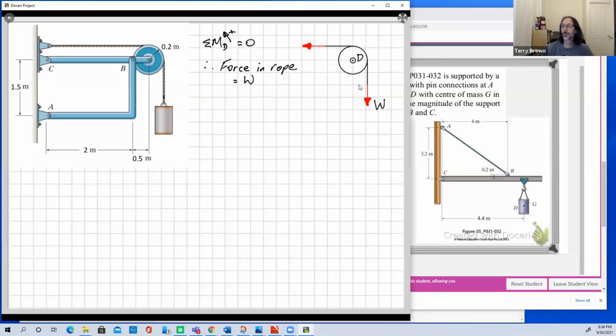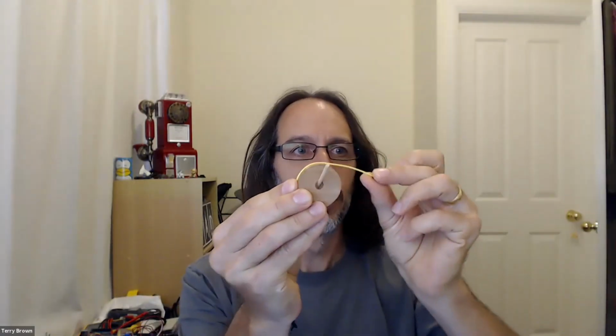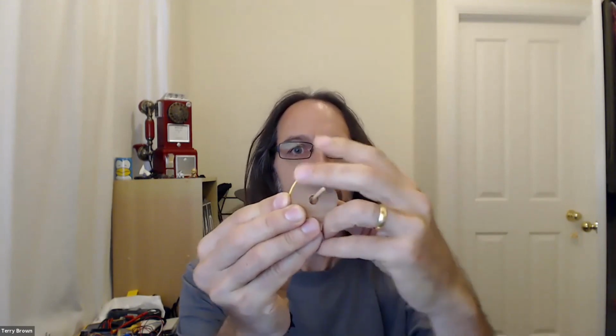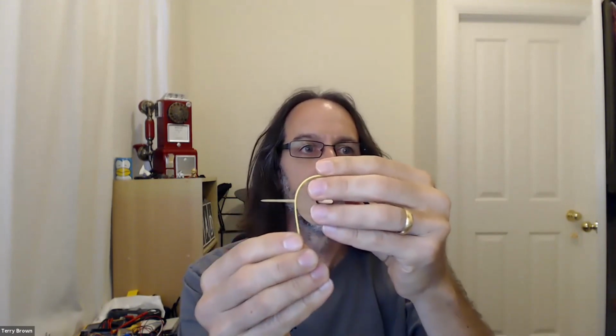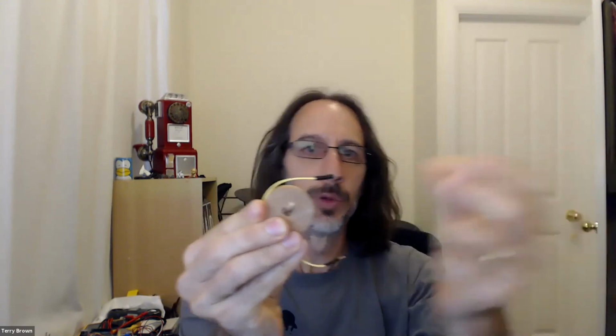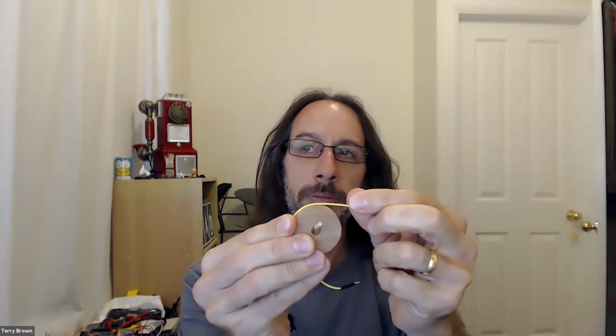So we know that if we're pulling, okay, so there's my pulley. If I pull down on this side, I need to be resisting by pulling this way at the top here, yeah?